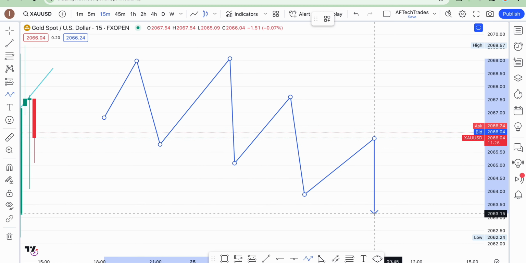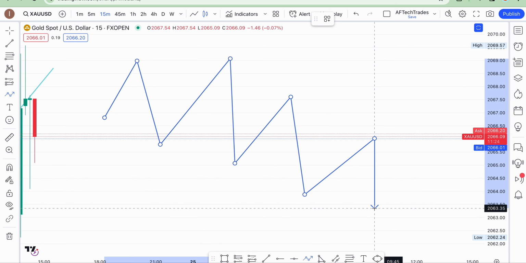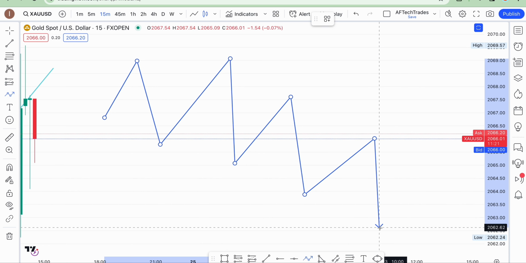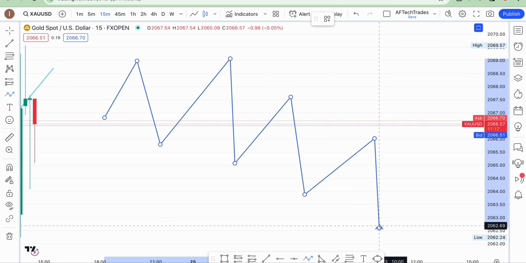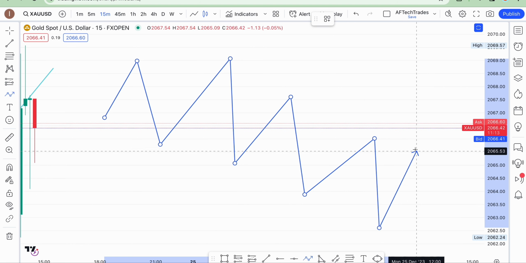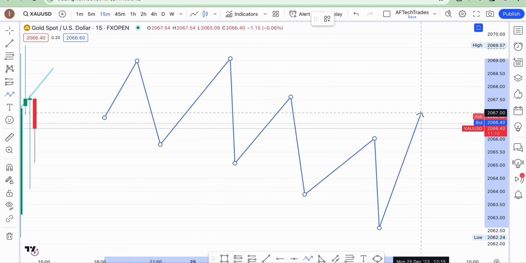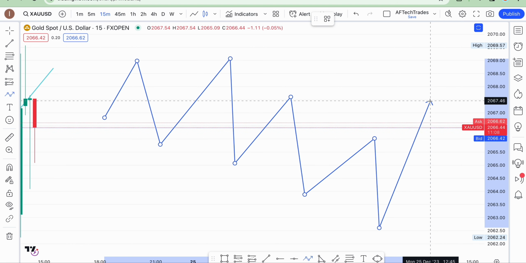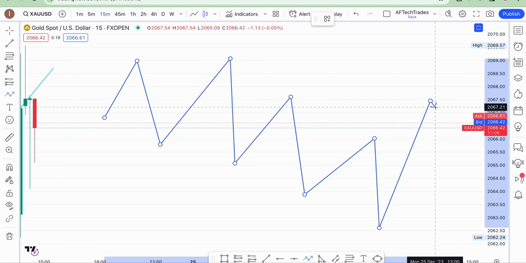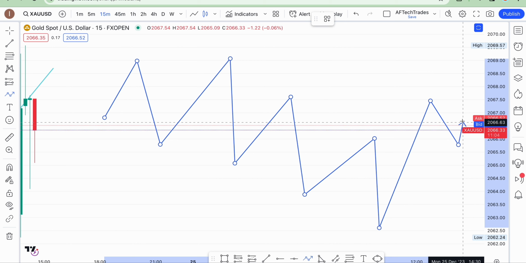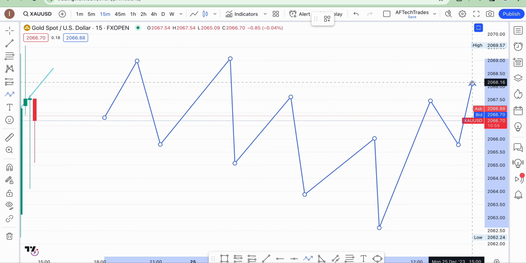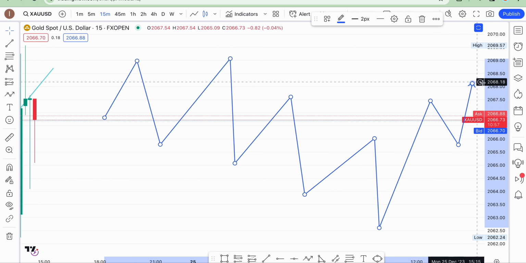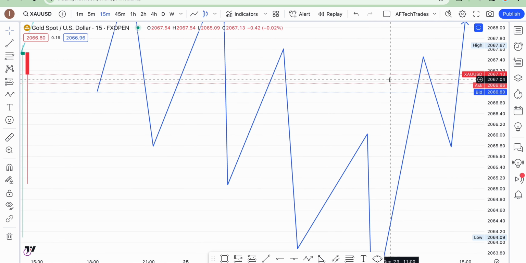Then all of a sudden, instead of it continuing to form a lower low and lower high, it breaks through this lower high and went up like this. So you can see that there's a reversal here, or you call it a change of character. That is where the change of character comes in.